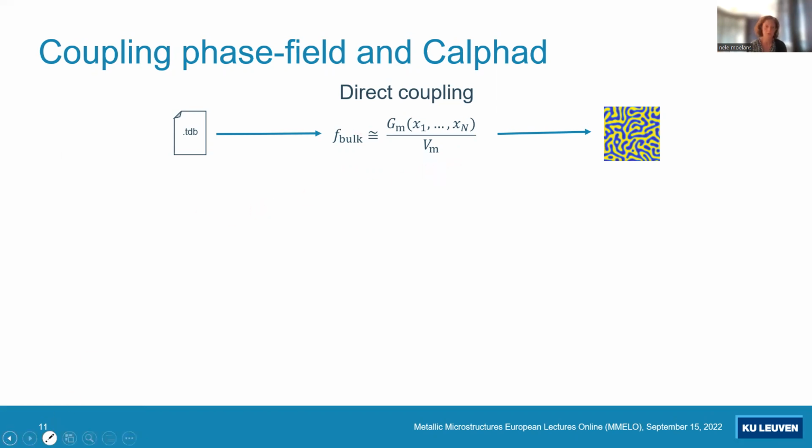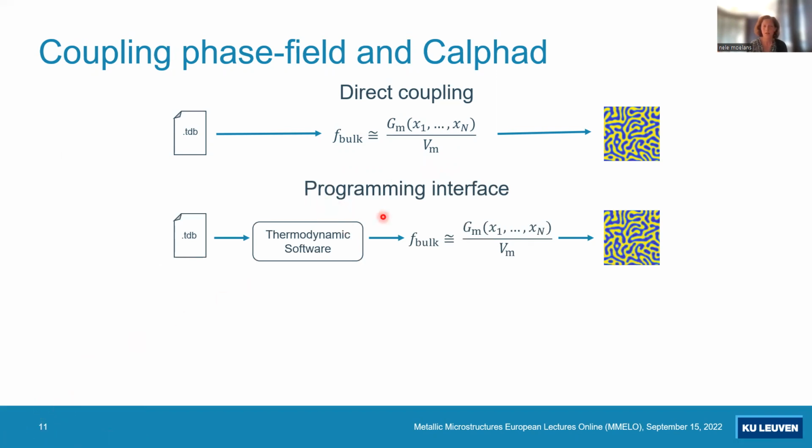It will only work for certain types of phases. Another approach is to use a programming interface with a thermodynamic software to compute at every point the thermodynamic data that you need. But it turns out that having this interface slows down the program. So it takes time to call a certain function, and you have to do that at every grid point.